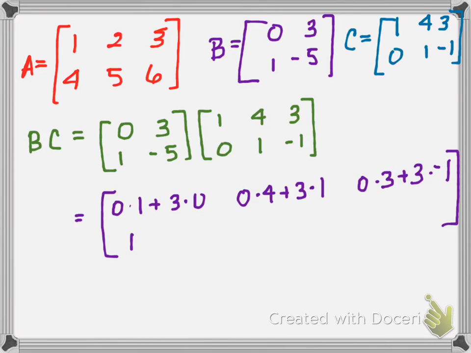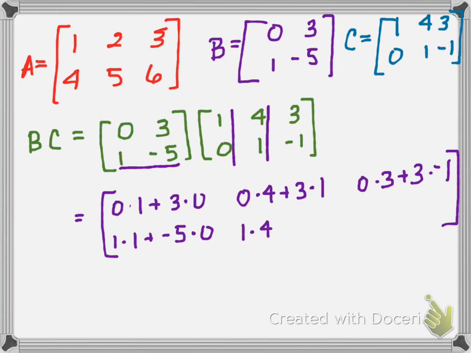And now I'm out of columns in my second matrix. So then I move on to the second row. I've already told you how to find the second row, first column, but let's just go ahead and reiterate. I need the second row of my first matrix and the first column of my second matrix. So I get 1 times 1 plus negative 5 times 0. And I'll continue on. My second row, second column, I get the second row of the first matrix and the second column of the second matrix.